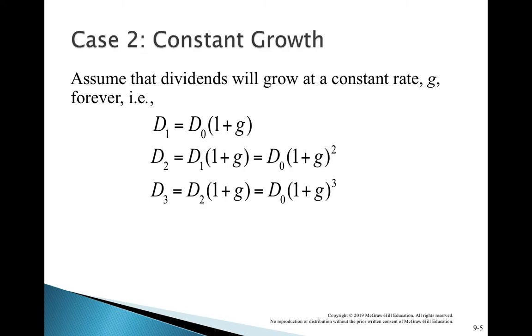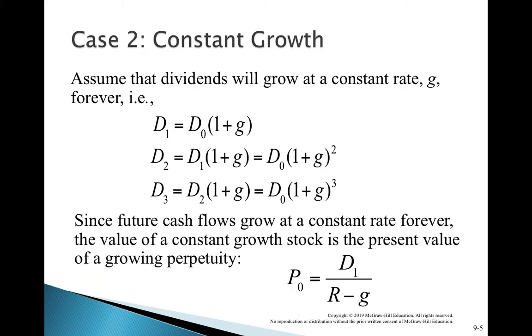Then what happened? Again, time value of money. It became a perpetuity with constant growth. You remember the formula? The formula for perpetuity with growth is D1 divided by R minus G. So if the growth rate is constant and forever, then the formula is not complicated.